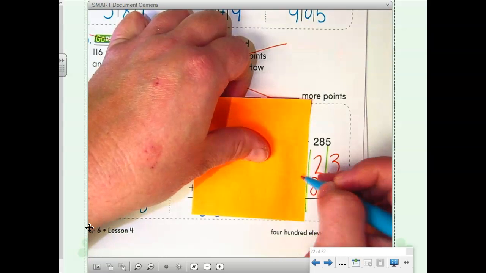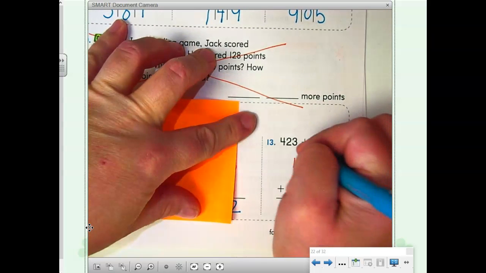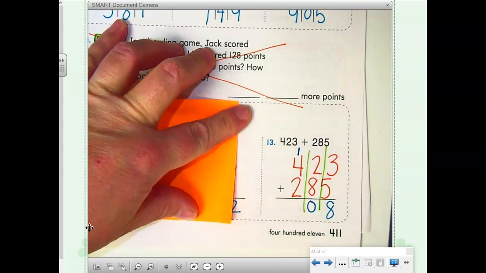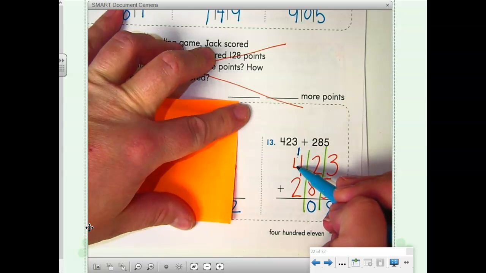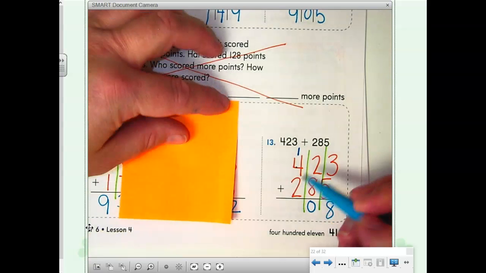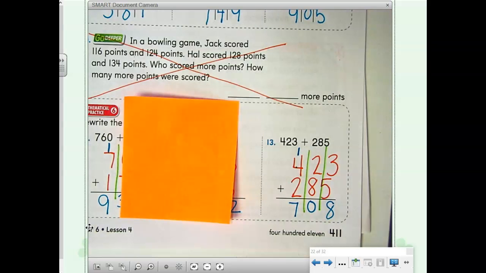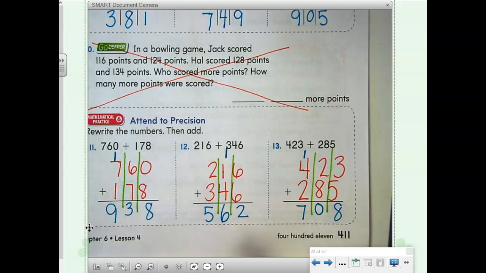All right, that's 10 tens. 10 tens is one group of 100 and 0 tens. Now I can add my hundreds place. 1 plus 4 equals 5. 5 plus 2 equals 7. My answer is 708.